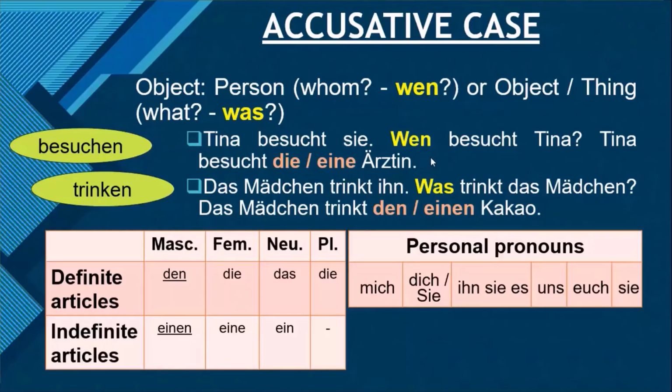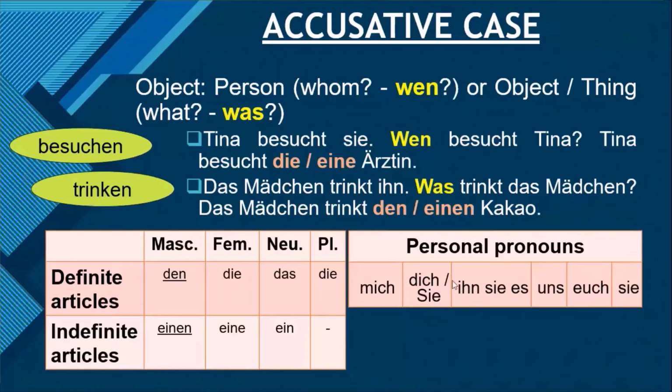Now let's have a look at another example where the subject is still a person, but the object is a thing. Das Mädchen trinkt ihn. The girl is drinking ihn.